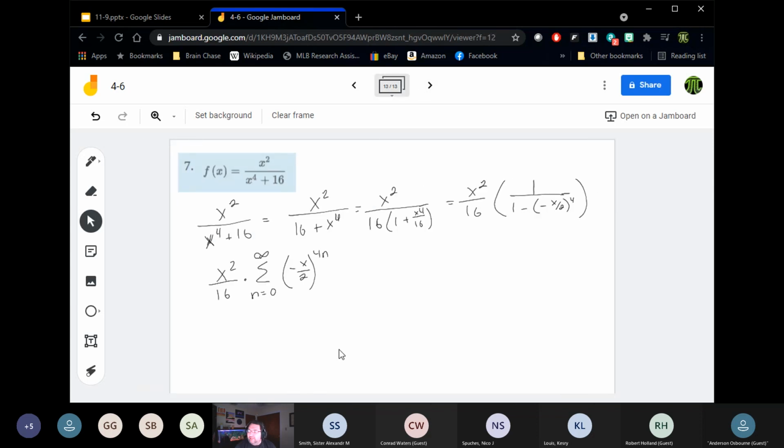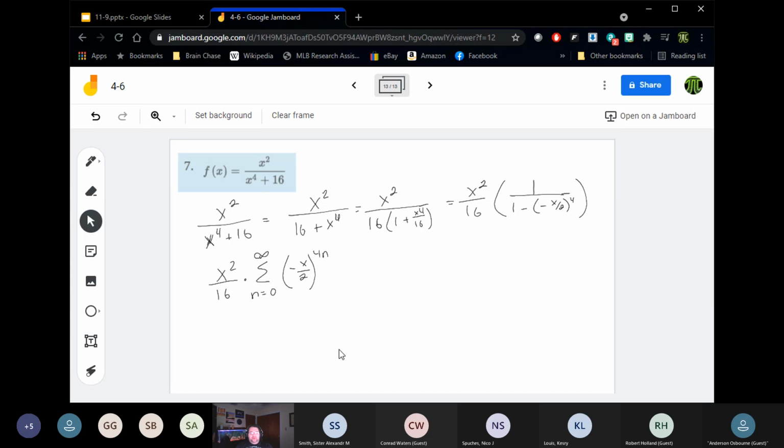All right, so if we look at this one, look at how I dealt with the x squared. So the question is why can I do that with the x squared?